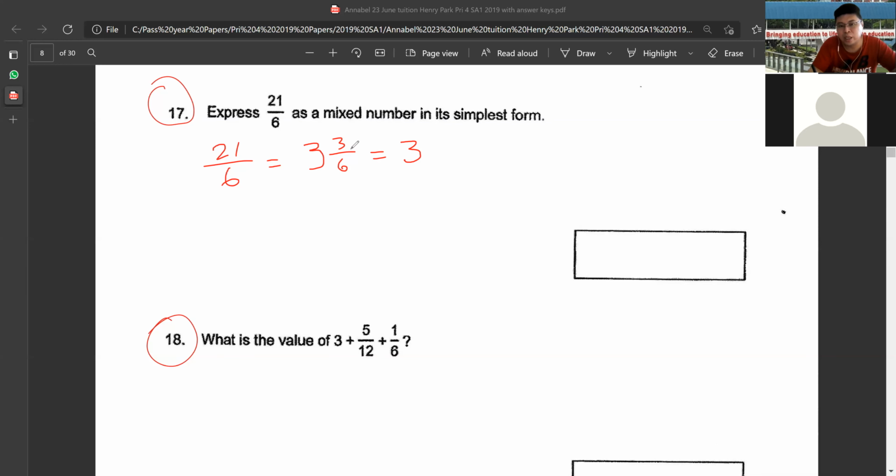No, what is the simplest form? You give me the simplest form. 3/6 simplest form is equal to what? What is the fraction? Simplest form. You tell me what is the fraction supposed to be here?